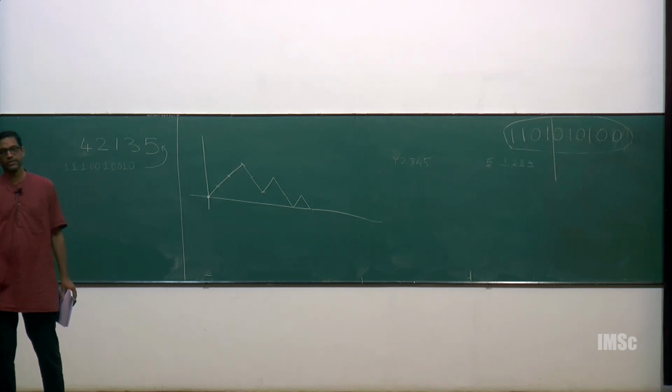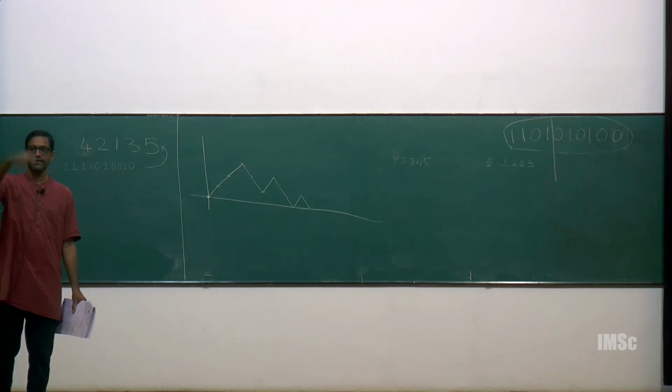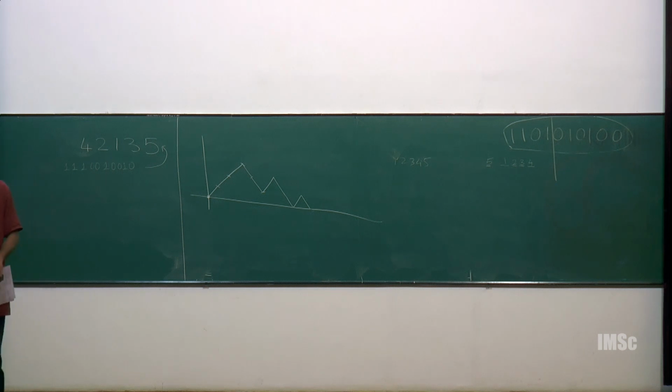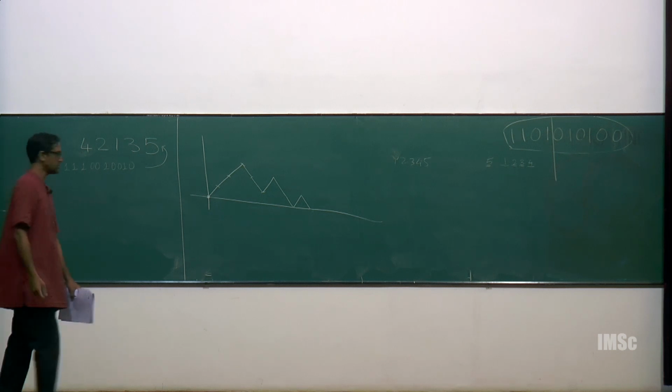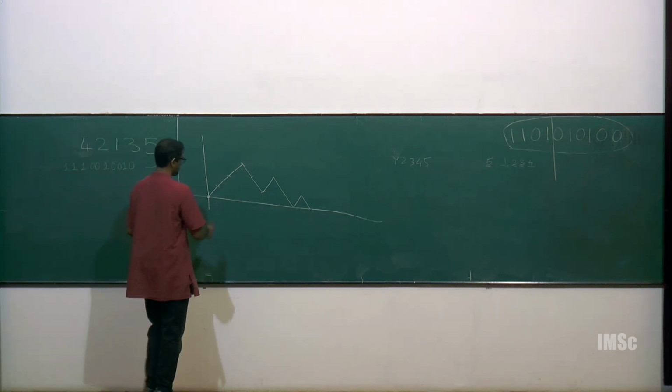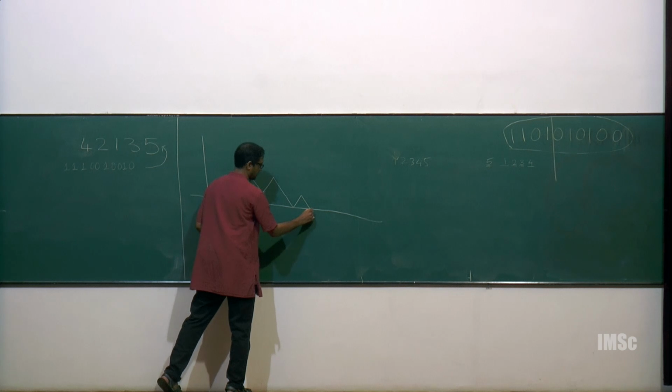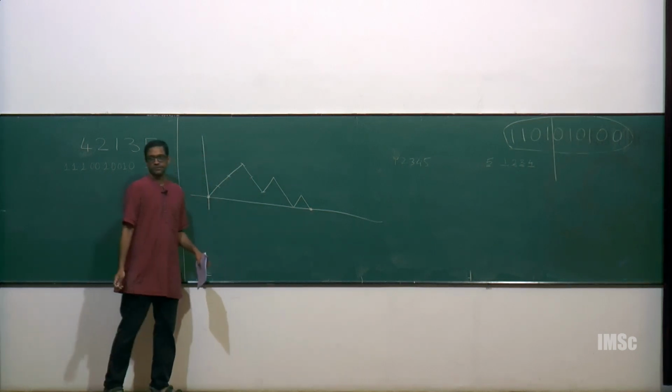It will never go below the x-axis because I rise more than I fall at any given point of time. So these are all paths which live completely in the first quadrant. What conditions should they have? They can either go up one step or down one step at every point, and they should come back to 0. They should come back and hit the x-axis.